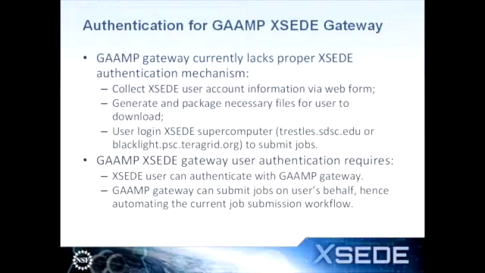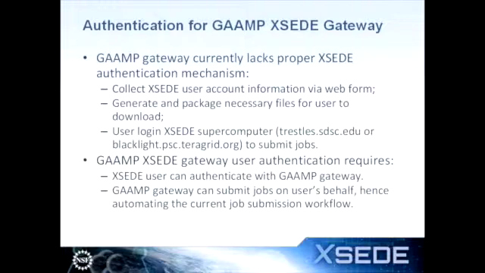Then the user will go back to log into their corresponding XSEDE supercomputer themselves, upload the tarball they got from the GAAMP gateway, and use that to submit their jobs and run their computation. So for the GAAMP XSEDE gateway, the user authentication would require two things.